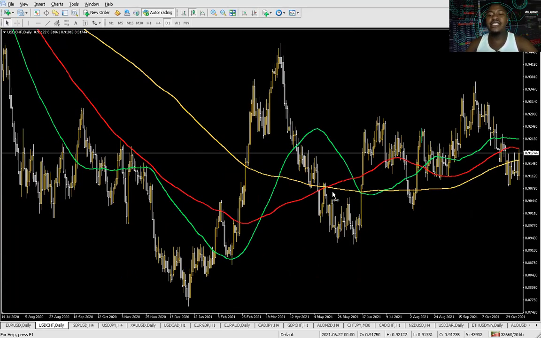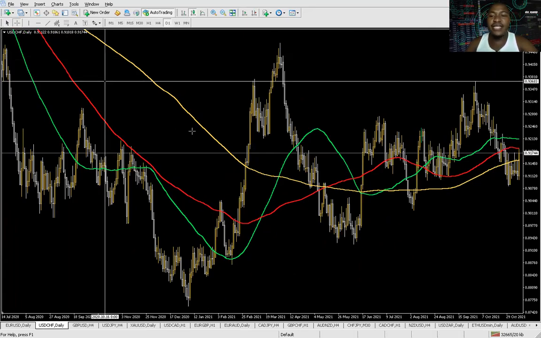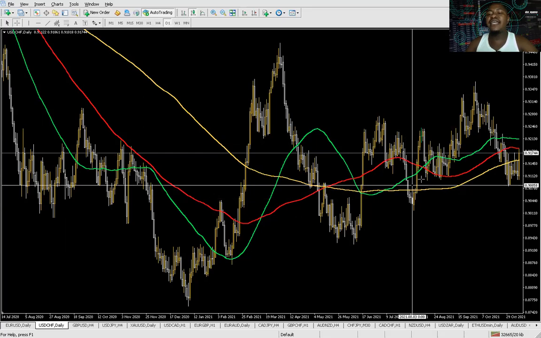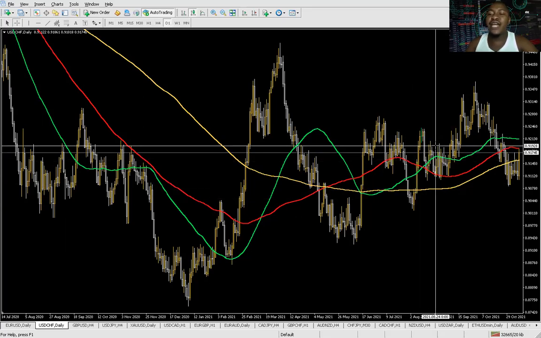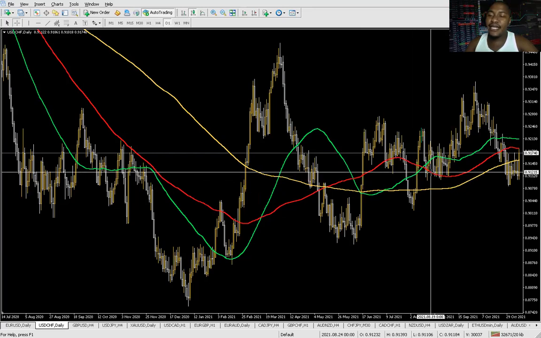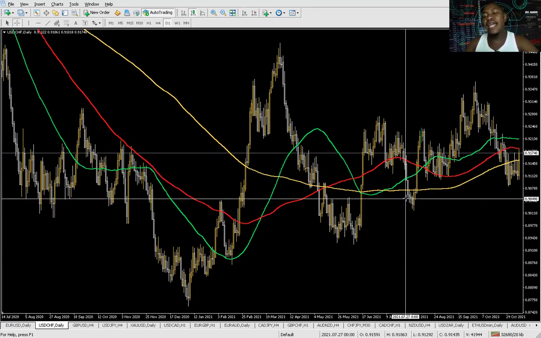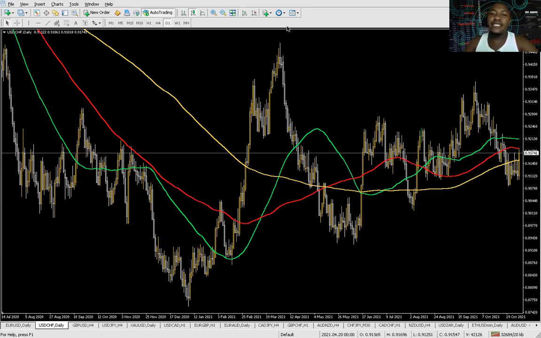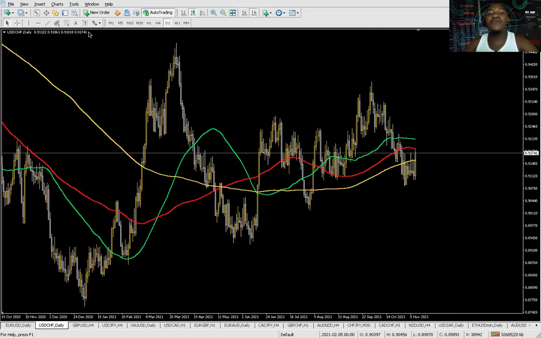So on USD right now, because we have the green, which is the 50, above, the red in the middle and the gold below, this is still showing some signs of what? Of a bullish market, right?